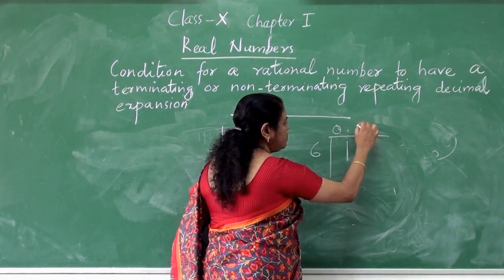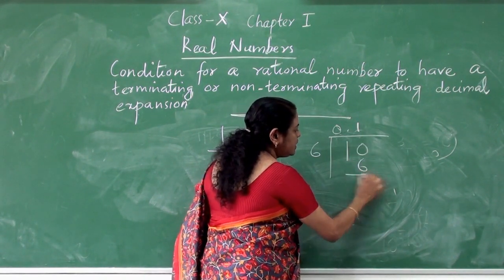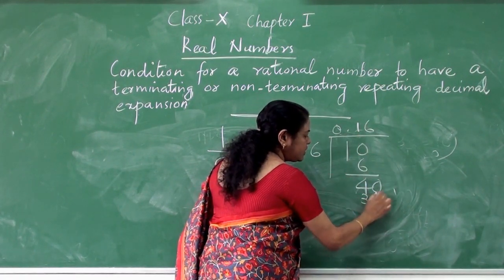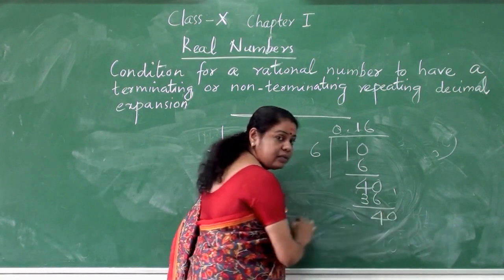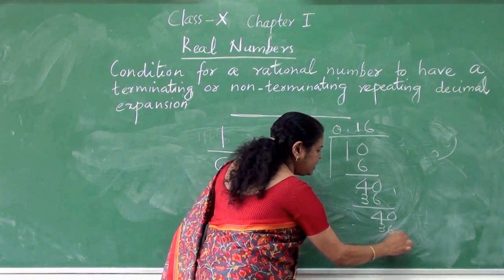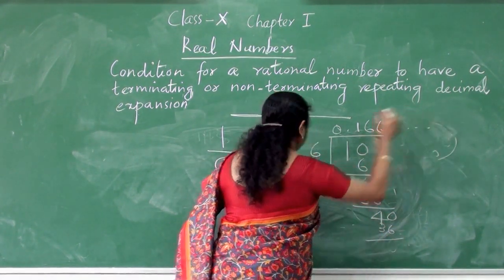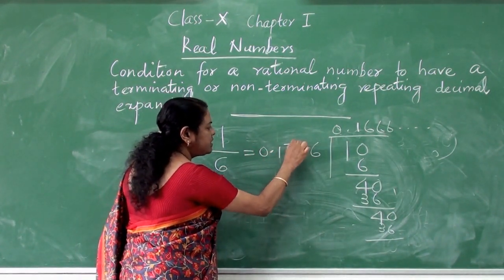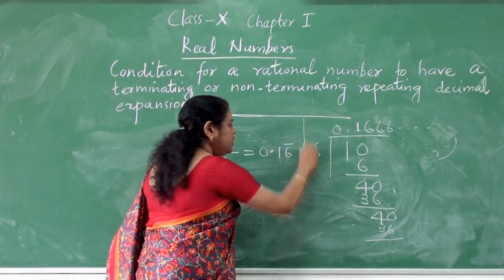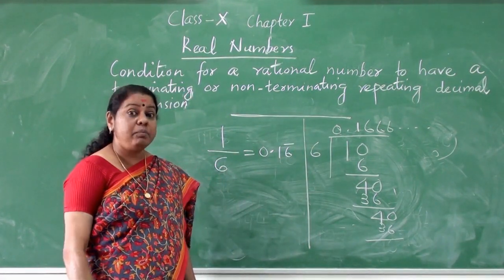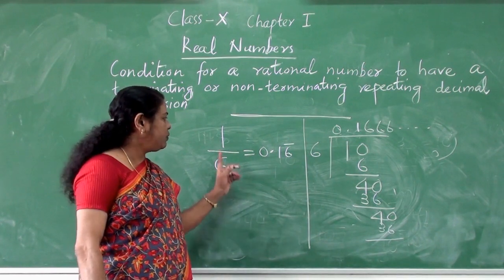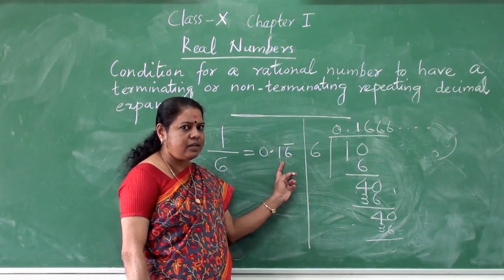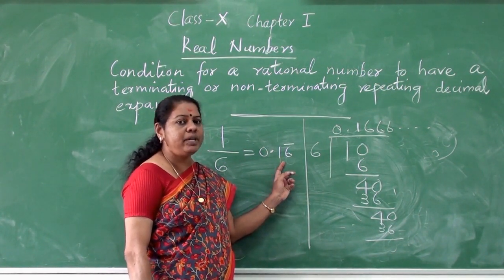Dividing, we get 6, 6, 6 repeating. So 1 by 6 is equal to 0.1666, etc., that is, 0.16 bar. So it is a non-terminating repeating decimal expansion.